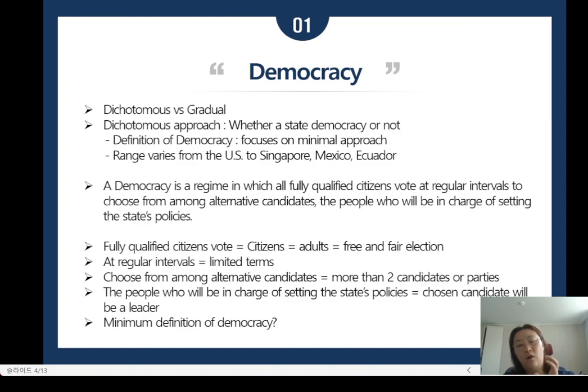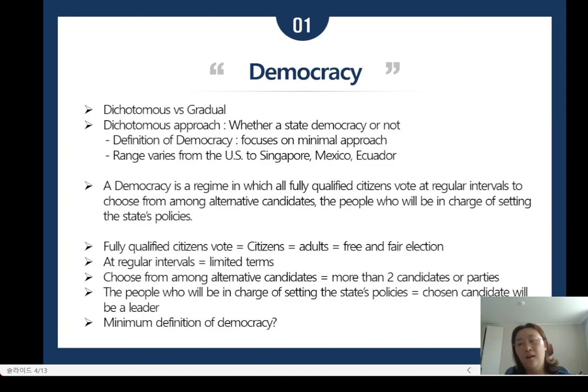Sometimes fully qualified citizens in a certain country are over 16 years old, right? Or in Korea it is 18 years old. If you are 18 years old or more, then you are qualified. But some countries are different. We can't actually say, oh, your country's qualified citizen age is 18, so you're not a democracy.